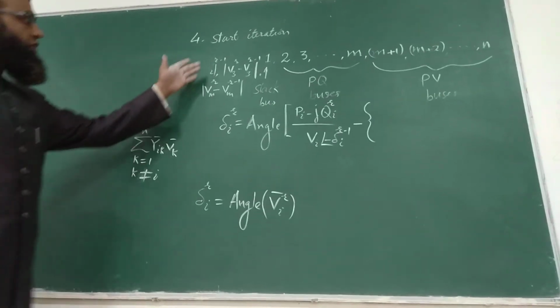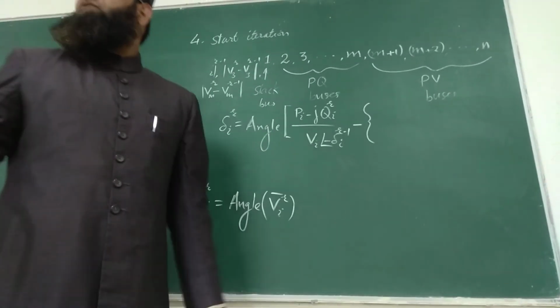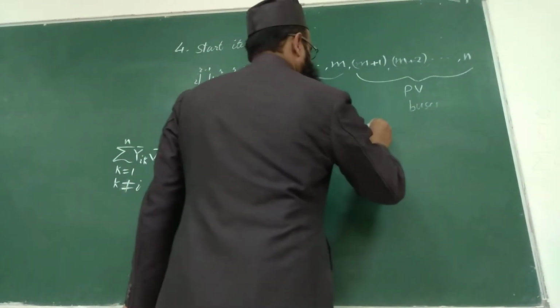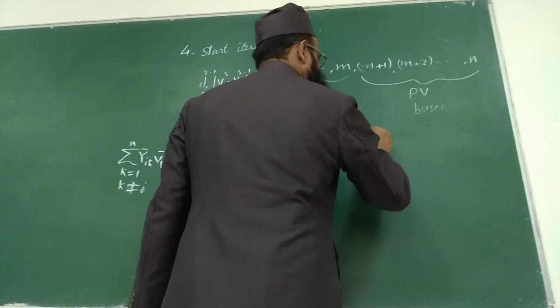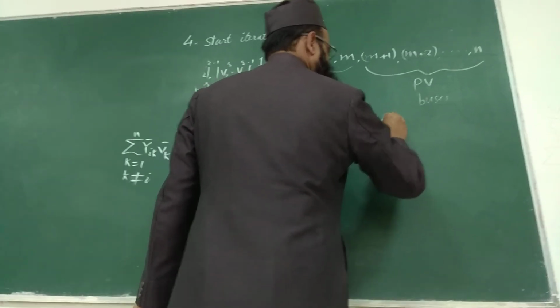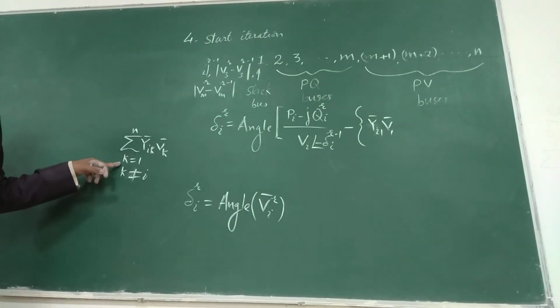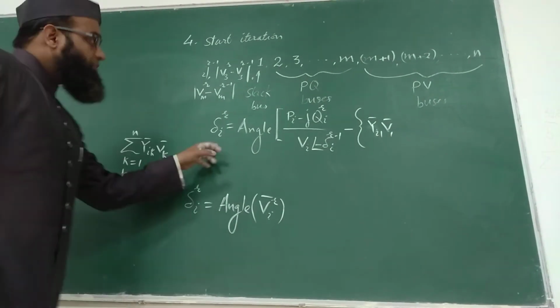So for K equal to 1, you know that is the slack bus. So V1, delta 1 is known, that is minus you have taken here YI1 V1 phasor.